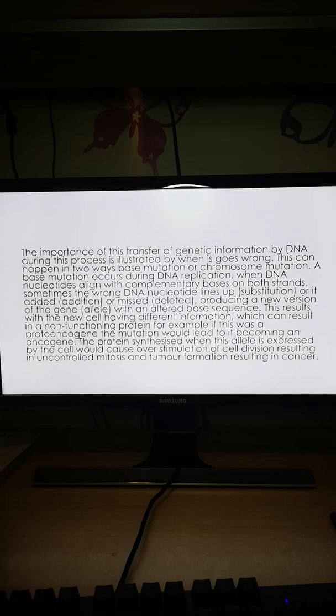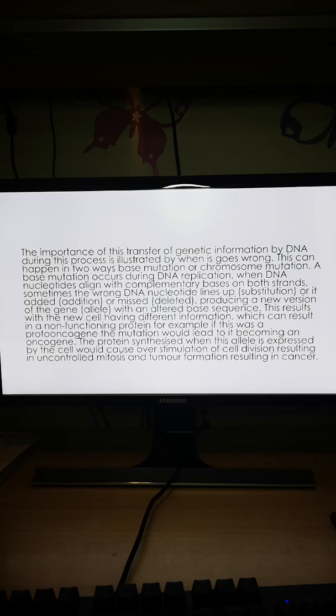Now, as this is a year 2 student, they're just doing their final exam, they're able to draw on year 2 knowledge here as well. So they can talk about a non-functional protein, which is a proto-oncogene mutation causing the production of an oncogene. An oncogene is a gene that causes cancer.